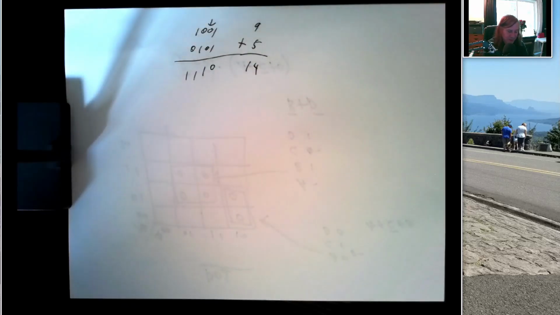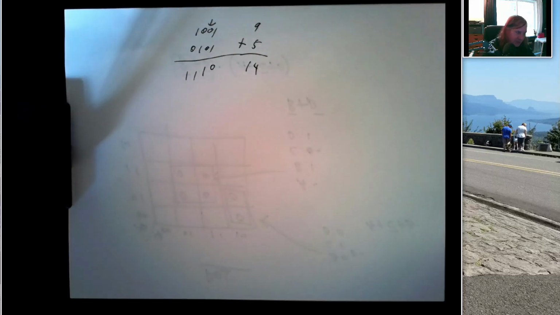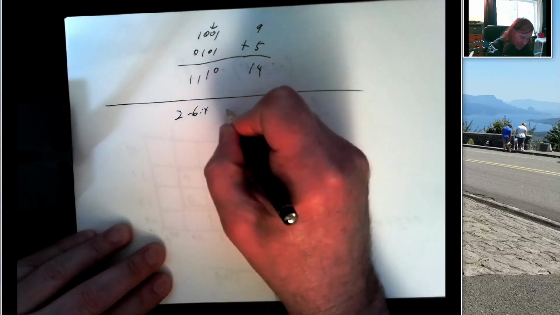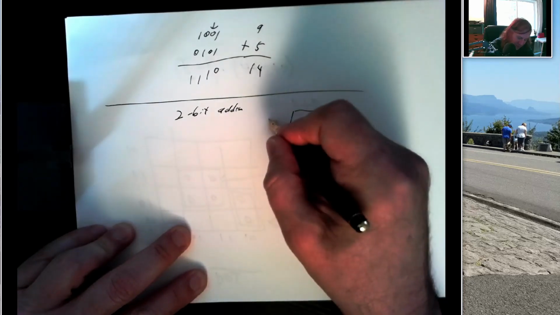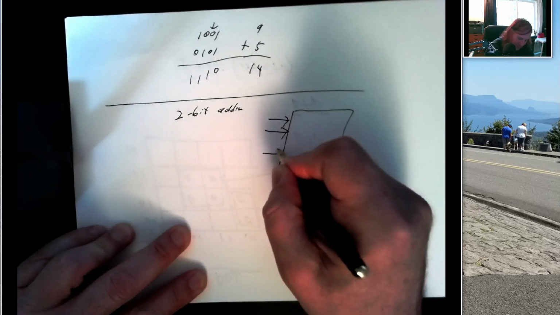And this is obviously a useful circuit to have when we're building something like a computer, so that our computers can add numbers together. So if we try to go about this in our usual way, let's just think about a 2-bit adder. So, start with a system diagram, and let's imagine two numbers coming in.